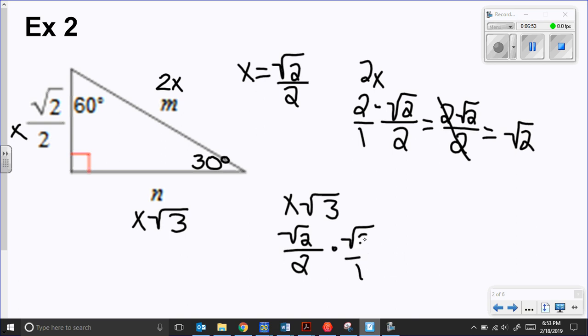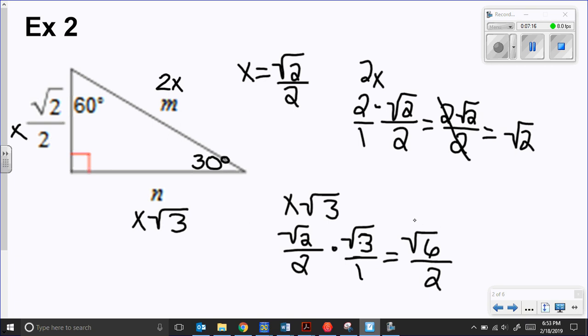And so now multiply. So now we have square root of 2 times the square root of 3, which is square root of 6. And then 2 times 1 is 2. And then we can't simplify that anymore because square root of 6 can't be simplified anymore.